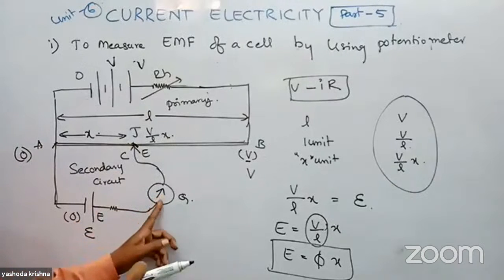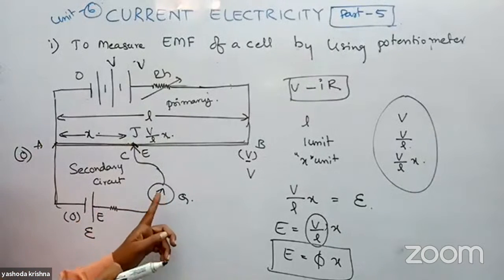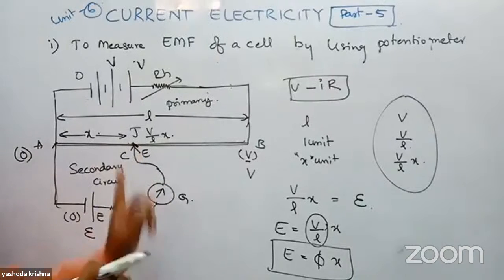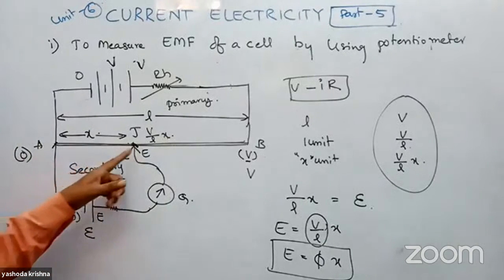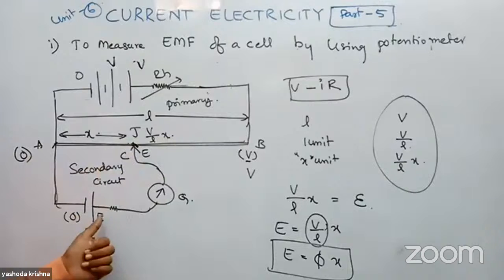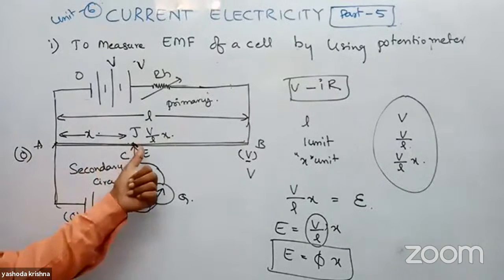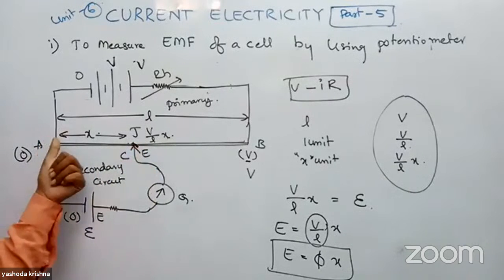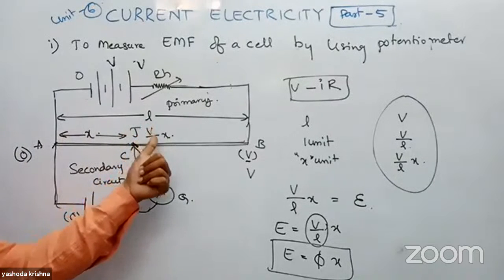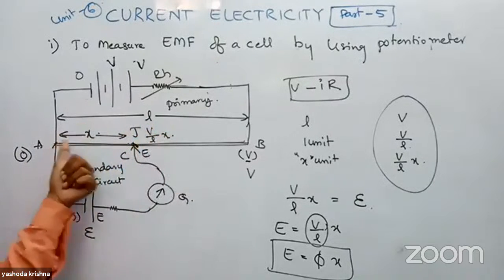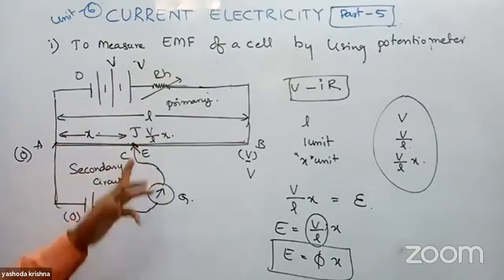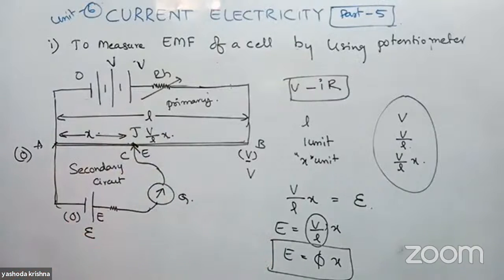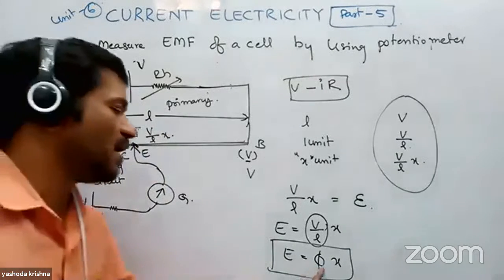When the needle of the galvanometer indicates zero, null deflection, then total current does not flow. That's why E is here and E is also there. E is equal to the EMF of the battery, which is equal to pi into X.